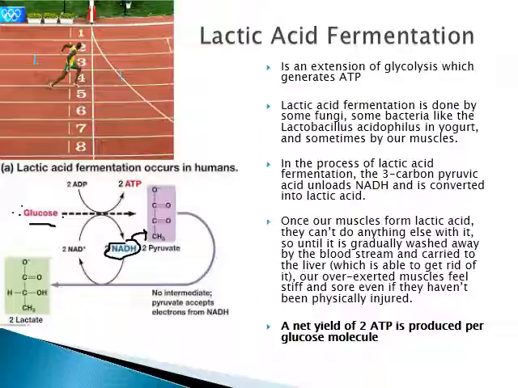And by accepting that, the pyruvate actually gets converted into lactate, which is our lactic acid, and that's why we produce that as a byproduct. The benefit of doing that is our NADH has been unloaded, so we now have NAD again to then accept hydrogen ions and electrons from breaking down another glucose molecule. So it can keep going and going.